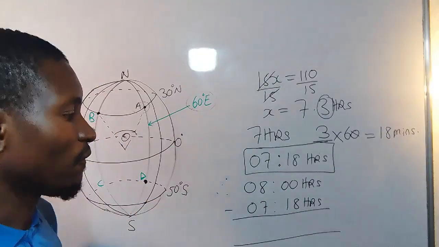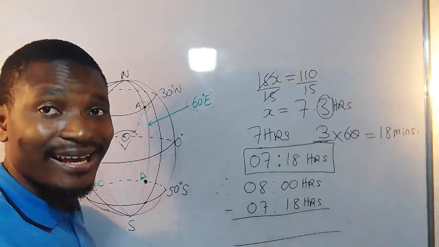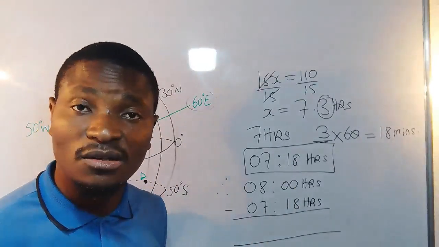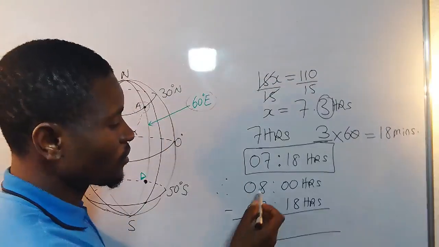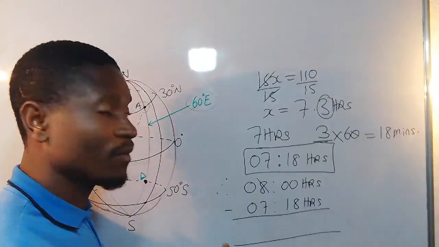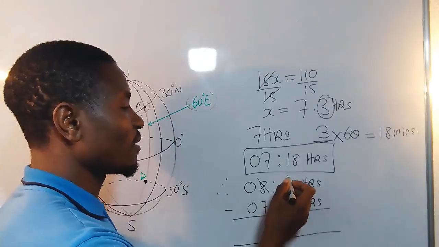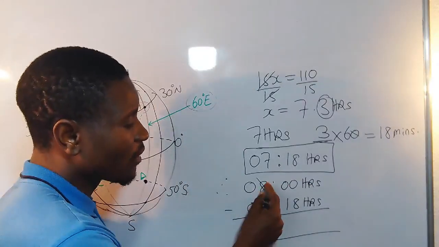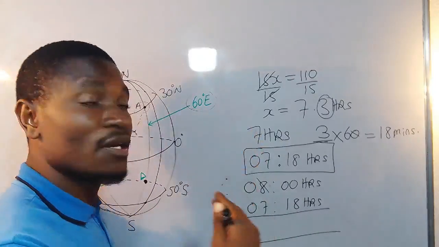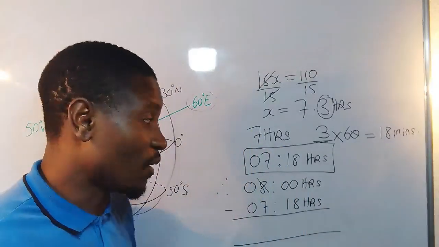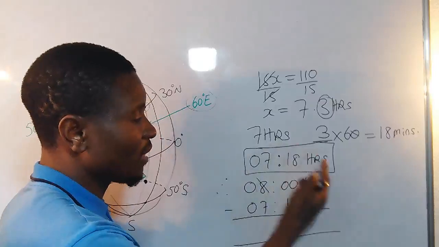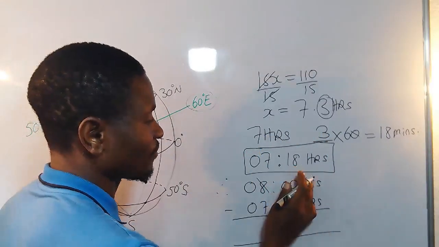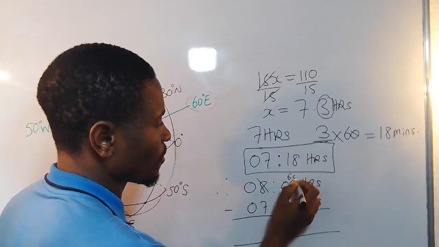But of course, we know that 0 minus 8 is a negative time, so it's not even possible. So what you do is you get the 1 there, and you put it on this one. So now you are converting that 1, which is equivalent to 1 hour. When you convert, 1 hour is equal to how many minutes? 60 minutes. So you put 60 there.